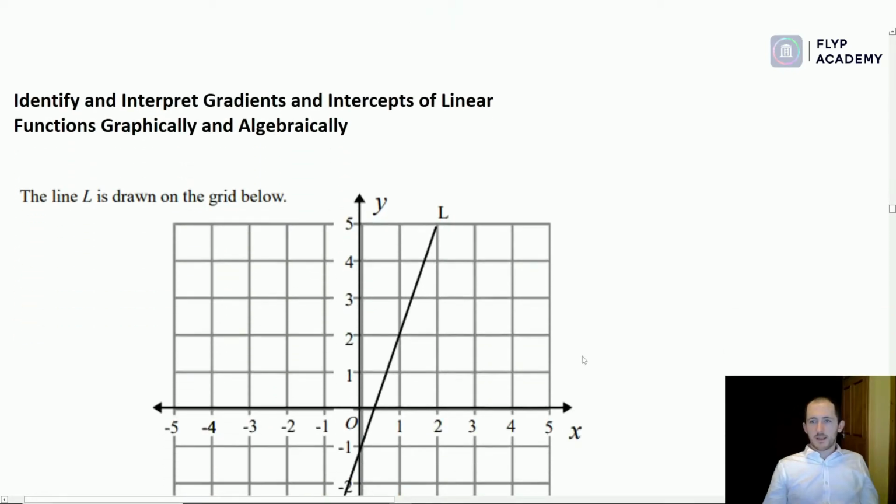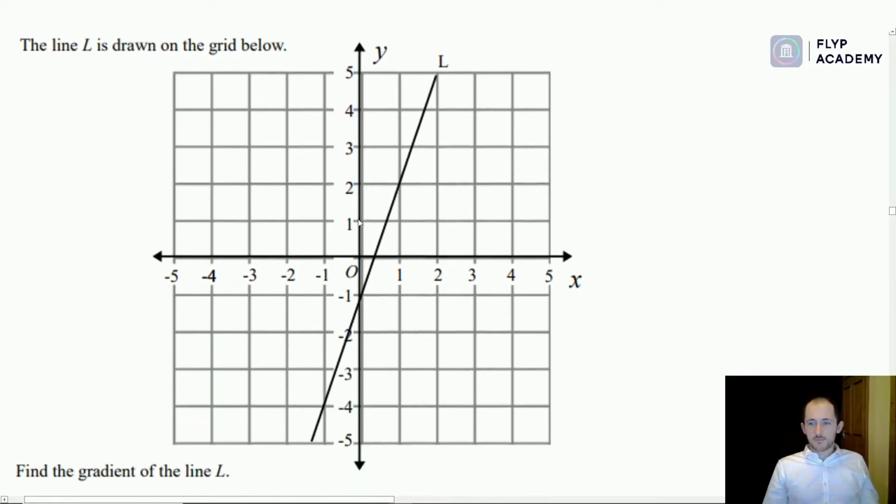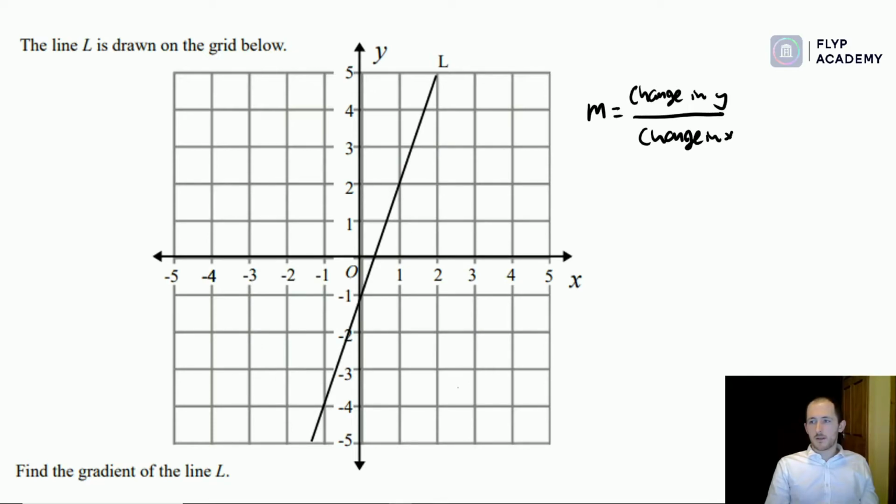Okay. So now, this is where we get to work out what the actual gradient is. Find the gradient of line L. I mentioned before you need to be able to do this graphically, so that's why this question's in here. To do it graphically, there is an equation, which is quite nice, which is the change in y over the change in x. When you say change in y, you need to see where it ends up and where it starts.